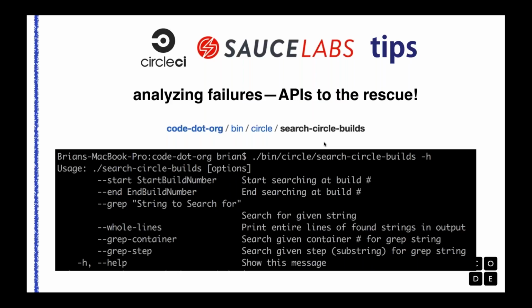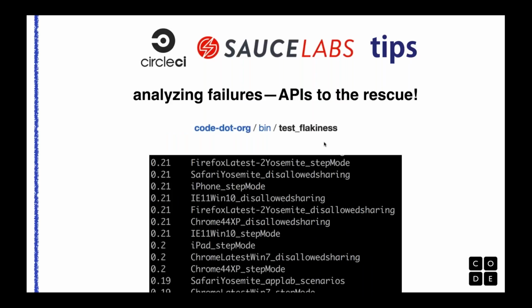So let's say you have an error that was showing up in your Selenium tests, or you want to see how long a specific test took, and your output from your tests has a test time. We found that pretty helpful, and that's using the CircleCI API. It's very useful. And Sauce Labs also has a very useful API.